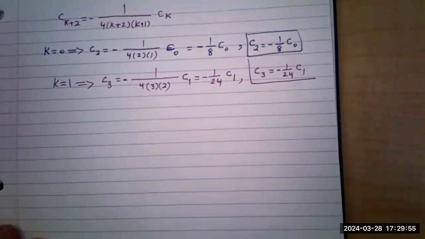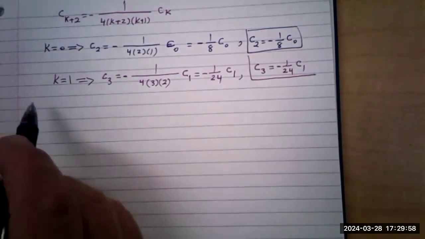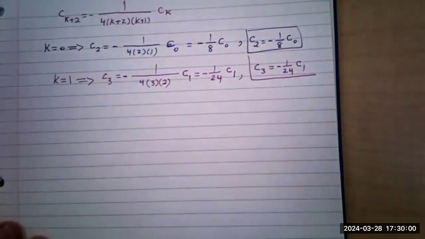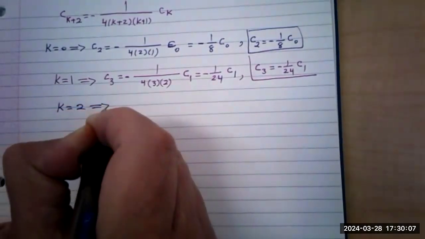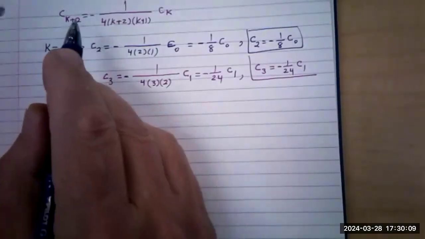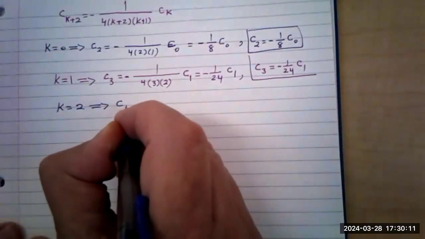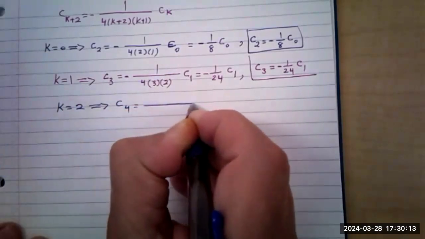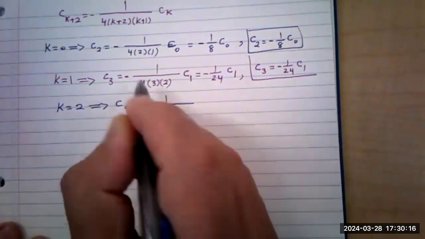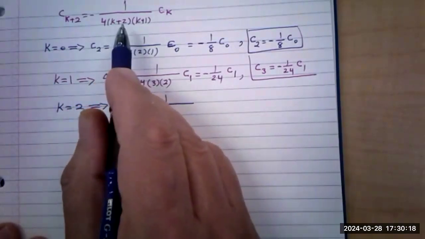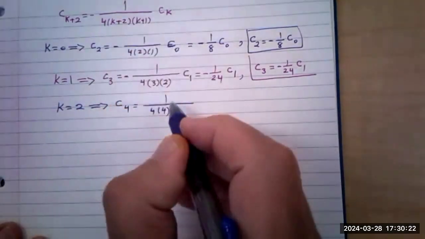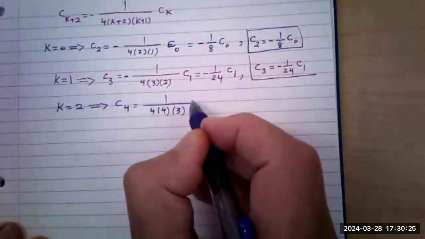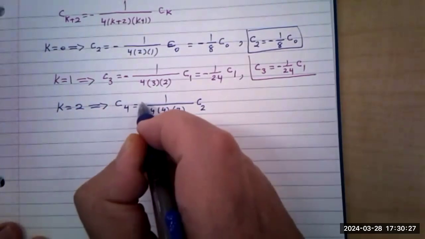We'll try it again. k equal to 2, any question? Just getting a couple more terms to see if we can have a good idea of what's going on. So replace k by 2. 2 and 2 would be 4, so that gives you c_4 equal to 1 over 4 times 4 times 3 times c_2, with the negative sign.